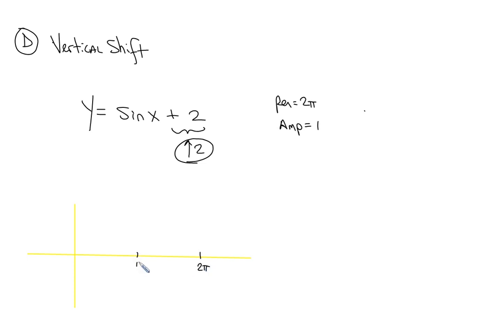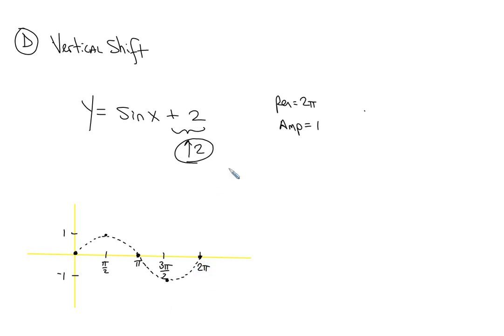There's no adjustment needed here, so these are going to be our pi over 2, 2 pi over 2, 3 pi over 2, 4 pi over 2, and our 1 and negative 1. Beginning, middle, end, maximum, minimum. Here we go. So there's our parent function.